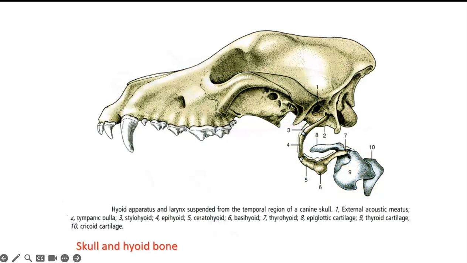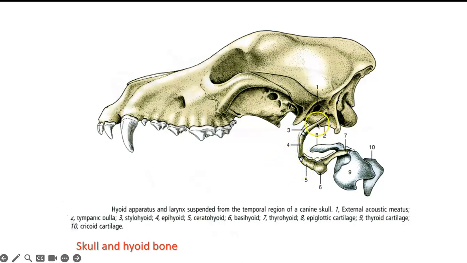This is a skull of a dog, connected by the hyoid apparatus to the larynx. Now you can see the connection: the basihyoid, the thyrohyoid, the stylohyoid, the keratohyoid, and the epihyoid here.